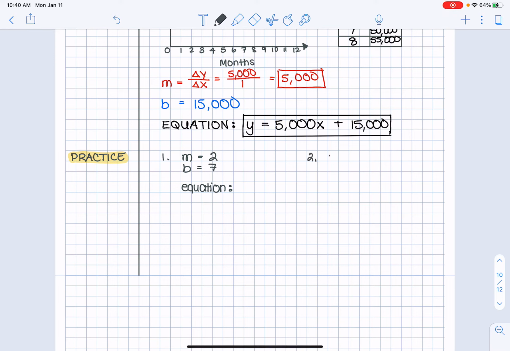If the m is 1/3 and the b is -5, I want you guys to write the equation. So pause this video right now, try these 2 problems, and then we can unpause and go over the answer.